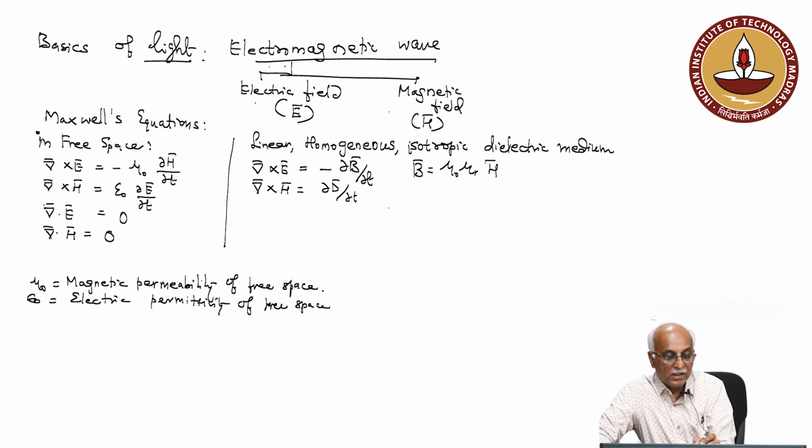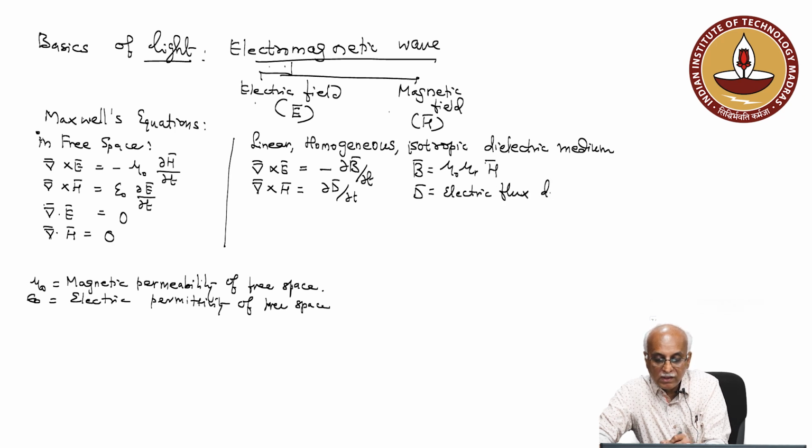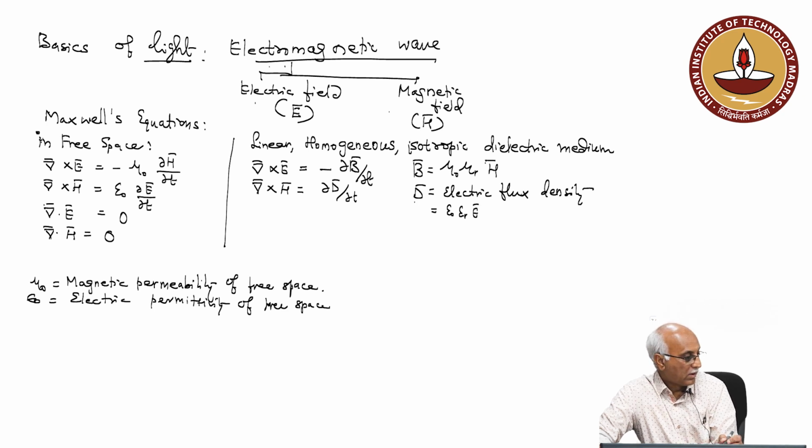So this D bar represents the electric flux density. In absence of polarization, it is equal to epsilon 0 epsilon r E bar, and so D bar is epsilon E bar.